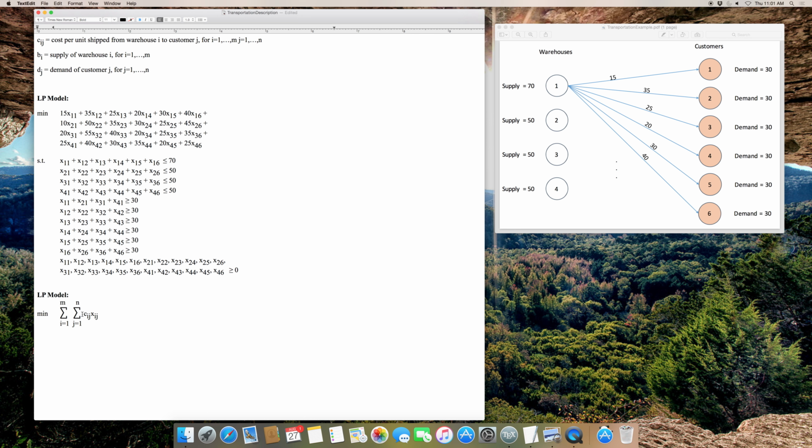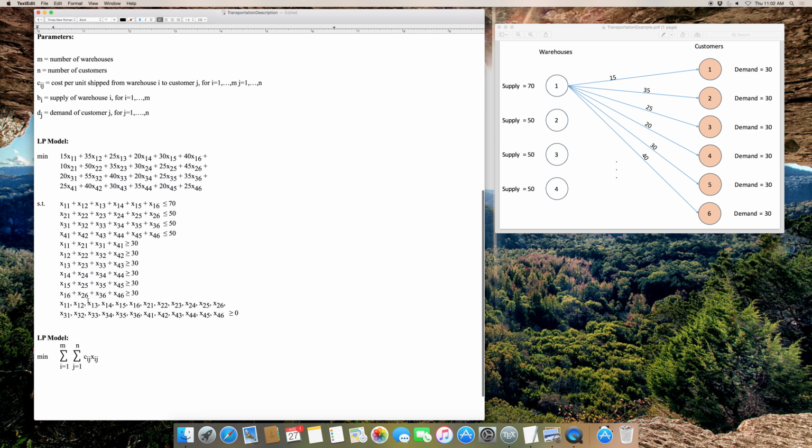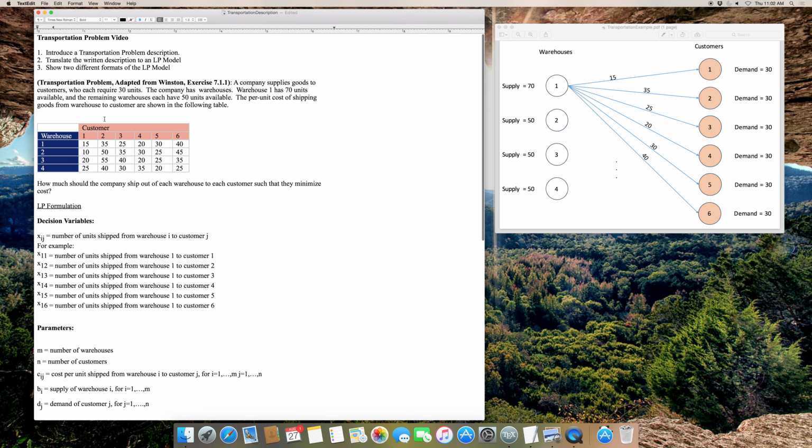And I multiplied the cost to ship along that particular arc times the amount I shipped on that arc. So Cij times Xij for every pair of ij. And so this is much more condensed than this. And as you increase, it's much nicer to have this particular notation. And they are equivalent once you define that Cij is exactly this table.